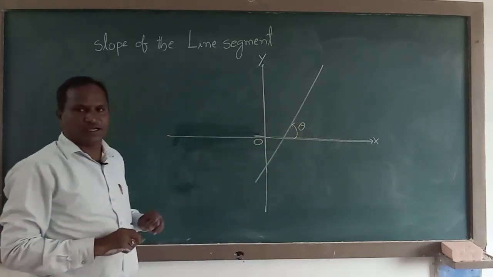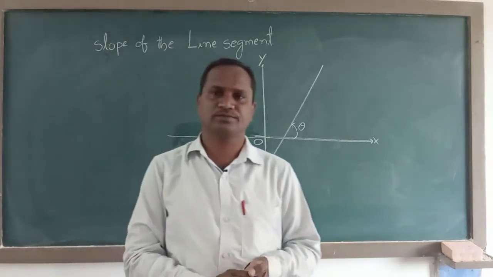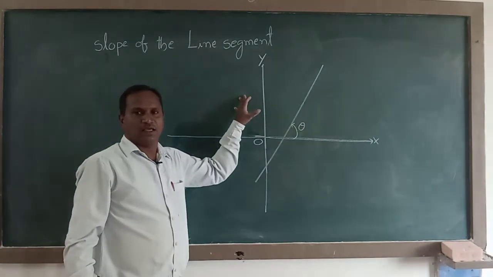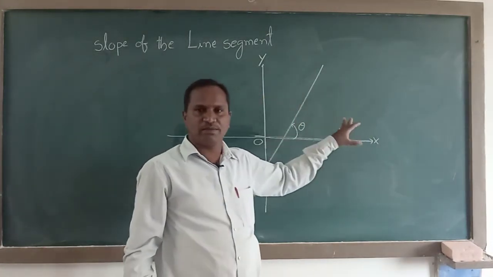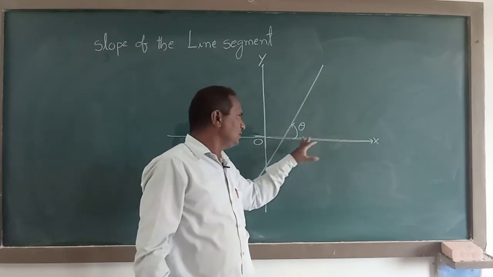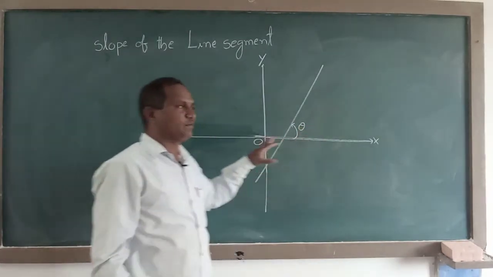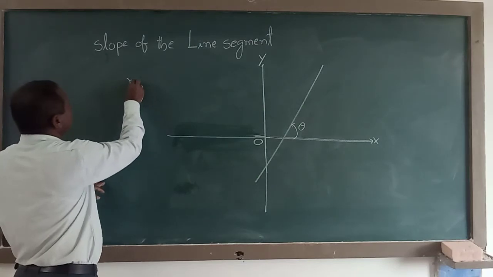With the help of this diagram, we can give the definition for the slope of a line segment. If an angle is made by the line segment along the x-axis in the positive direction, then the slope of the line segment is defined and denoted by m is equal to tan theta.